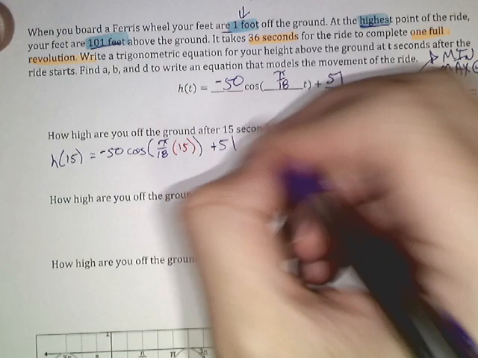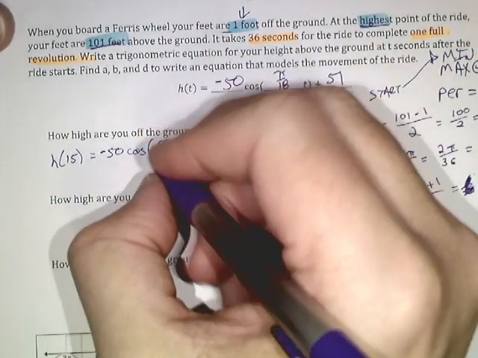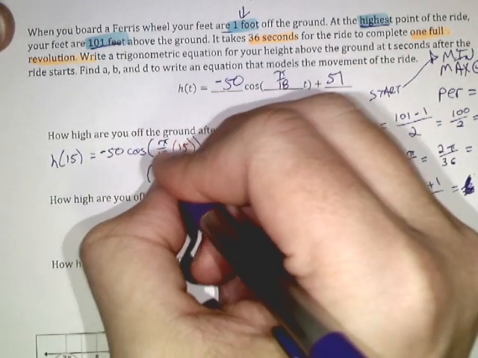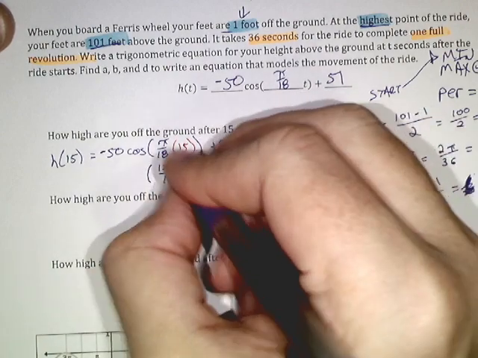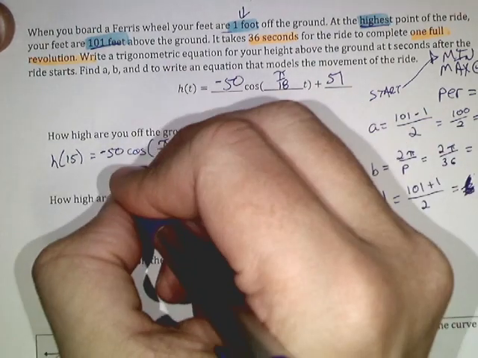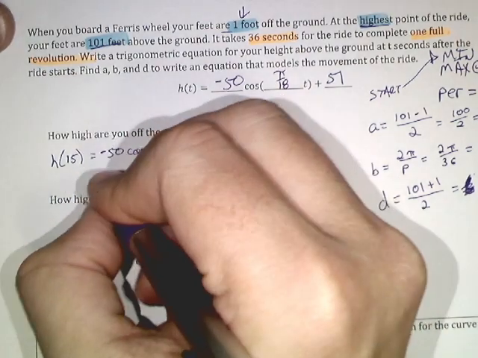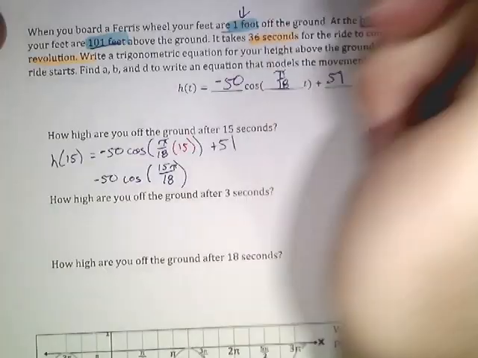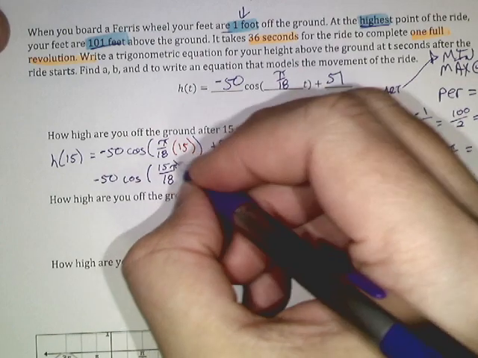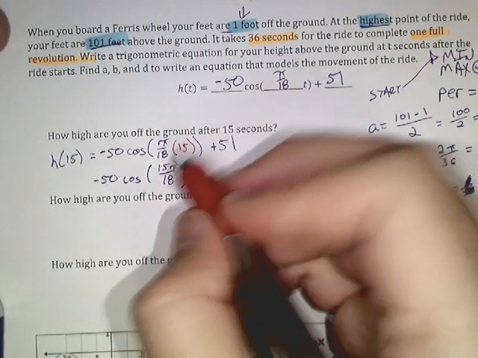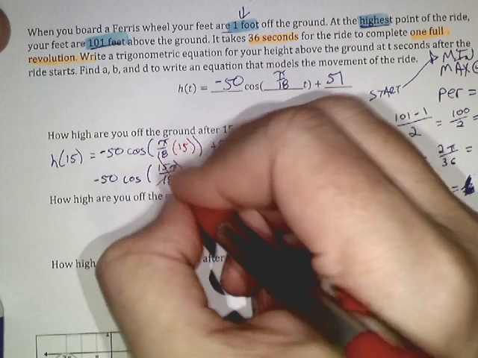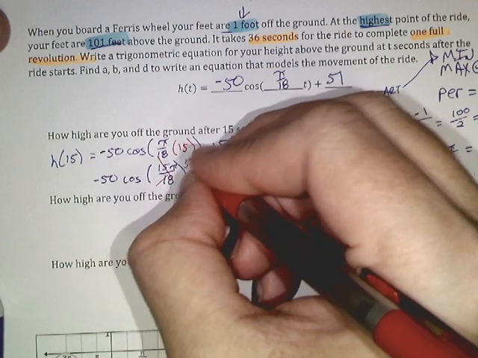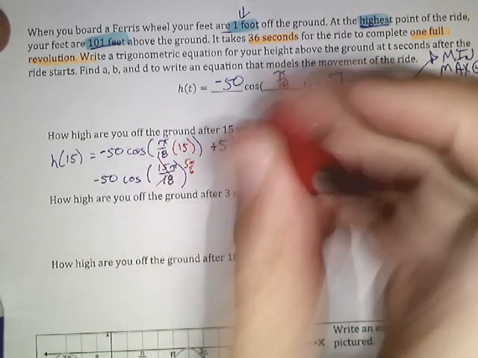That is 15 pi over 18. Divide top and bottom by 3, and you get 5 pi over 6.